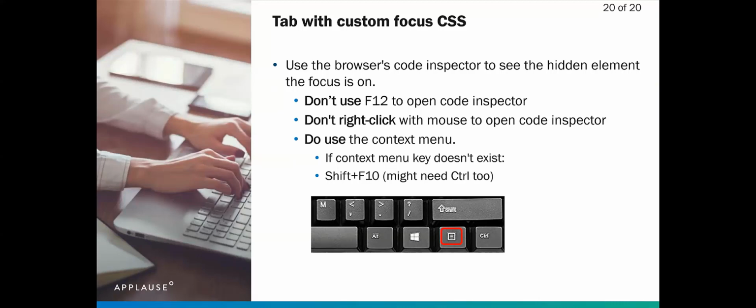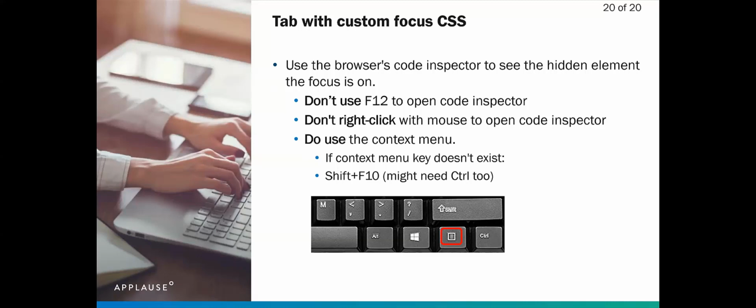And so you will have lost where it was, which element it was on the page. Likewise, you don't want to try to do a right mouse click. So if you're tabbing through the interface and the focus disappears, don't try to right click to bring up the code inspector, because again, that will lose the place in the DOM when the code inspector comes up.